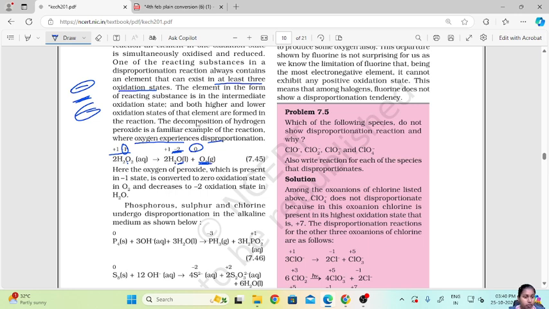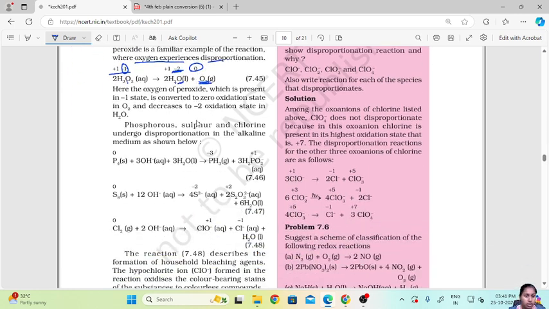Now phosphorus, sulfur and chlorine undergo disproportionation in alkaline medium. Alkaline medium means when there is presence of OH-. Here phosphorus is in 0 state. Later in the products it becomes -3 and +1.